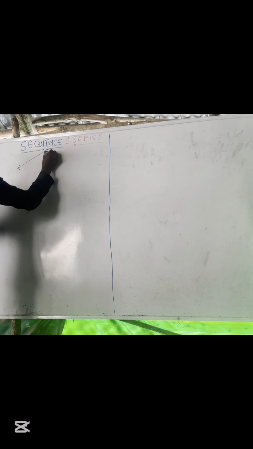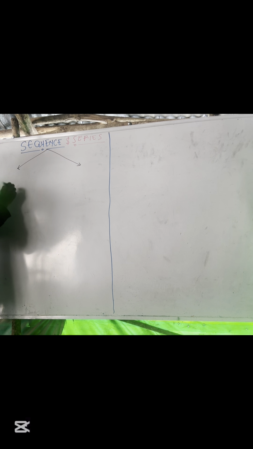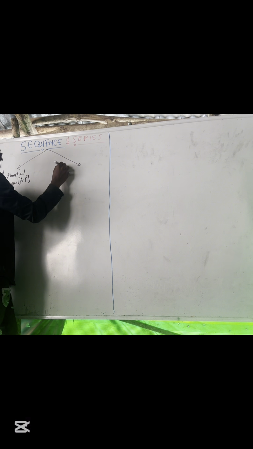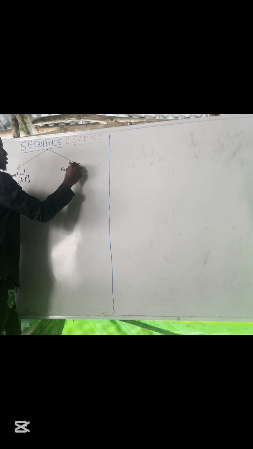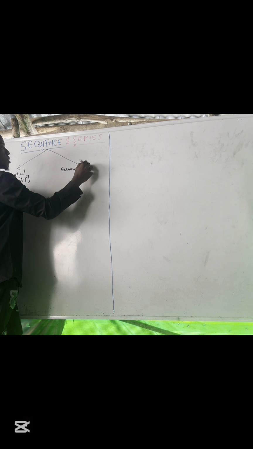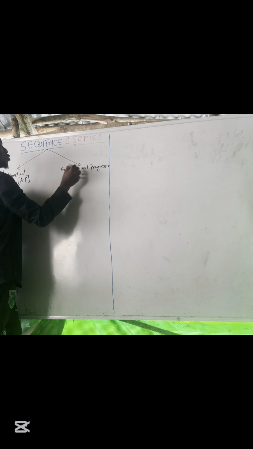Now let's talk about sequence. If we are talking about sequence, it can generally be subdivided into two. We have the arithmetic progression, which we call AP, and we also have the geometrical progression, which we call GP.